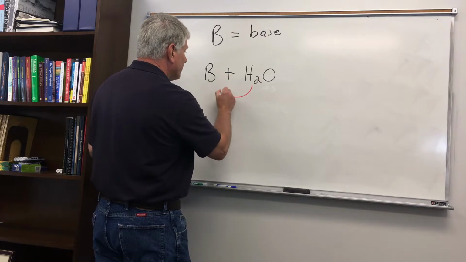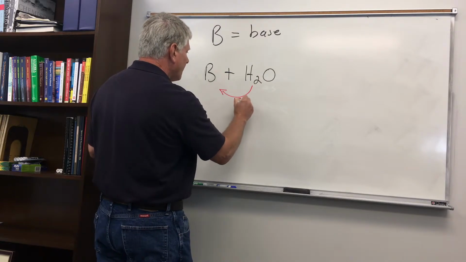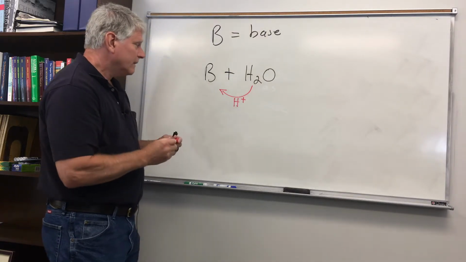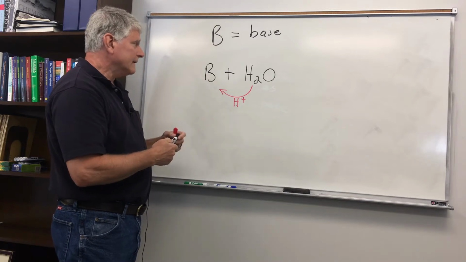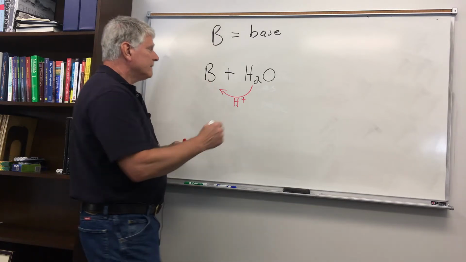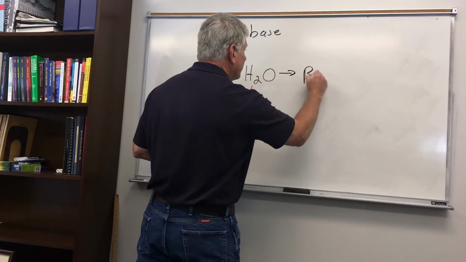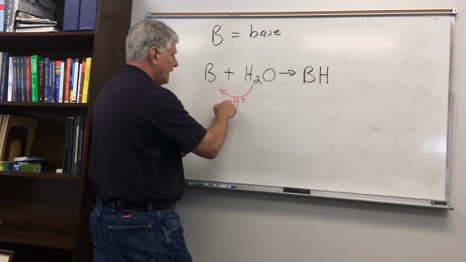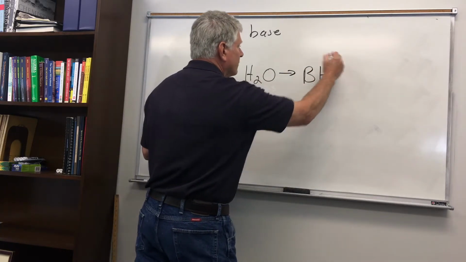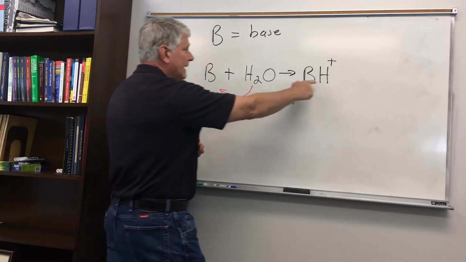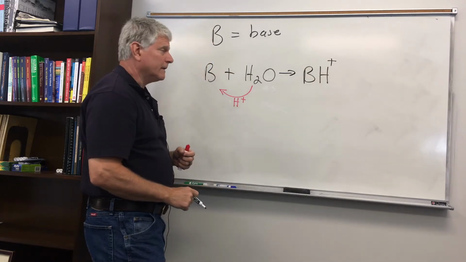So water can donate the H plus ion to the base, and the base will end up with this H plus ion. So we'll have the base and the H plus ion bonded together.